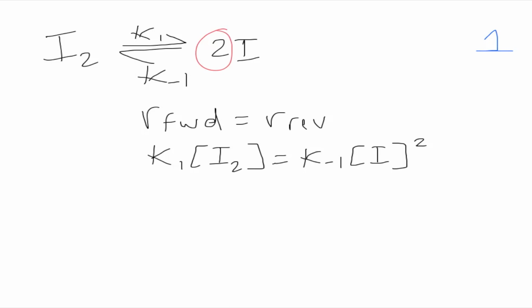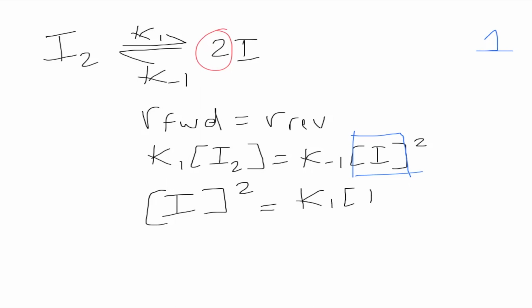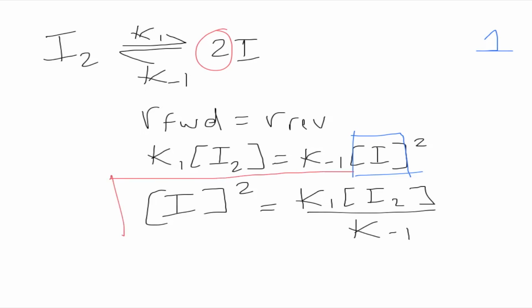This is what we care about, so we solve for that, meaning that I squared is going to be K1 times I2 over K-1. And this is the other part we were missing.